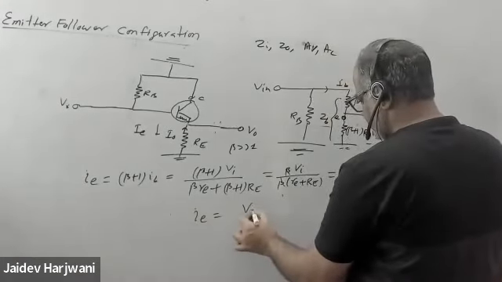Now from here you can see that the gain AV, V output upon V input, is simply equal to RE upon (RE plus RE).